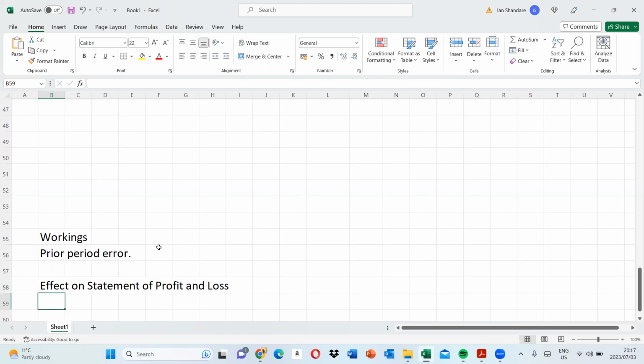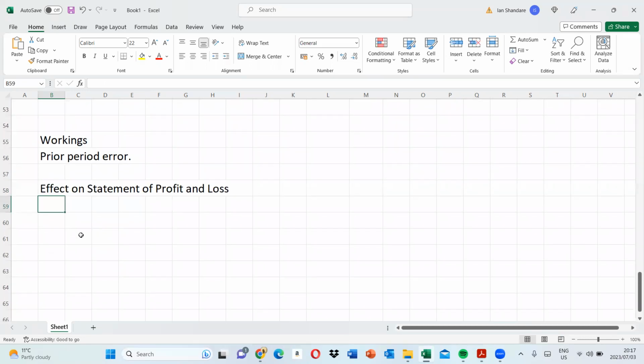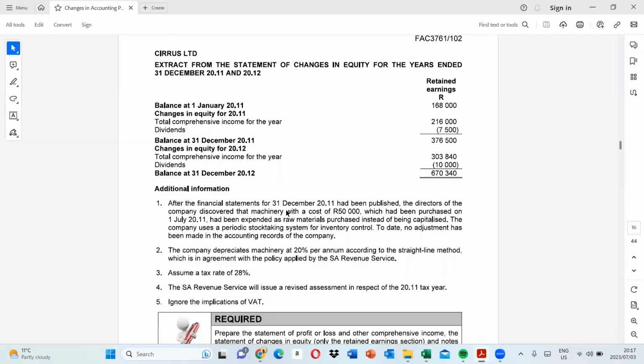Inventory, guys, we saw when we did change in accounting policies, inventory affects the calculation of cost of sales. So the purchase of the machinery was recorded as an acquisition of raw materials, which means it was recorded under what? It was recorded as purchases.